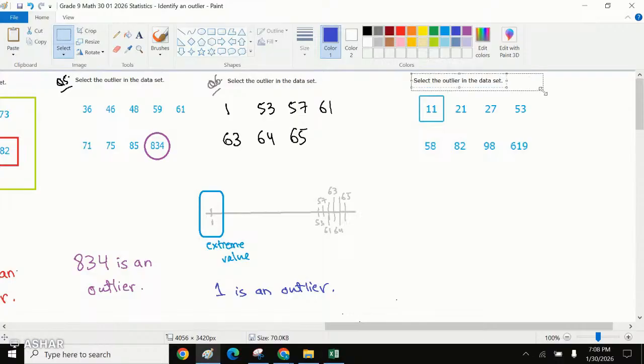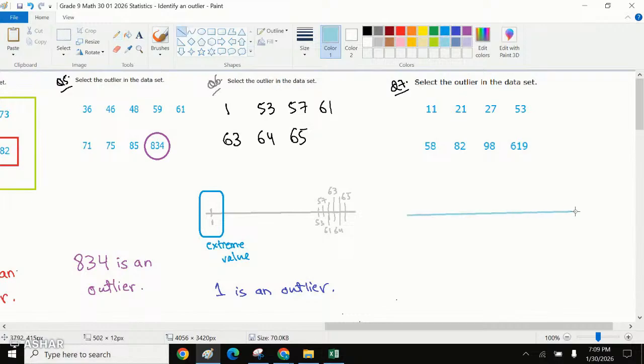Select a suitable outlier from the given data set. In this given question, question number 7, what can be an outlier? We know that 11, 21, 27, 53, 58, 82, 98 are close to each other.